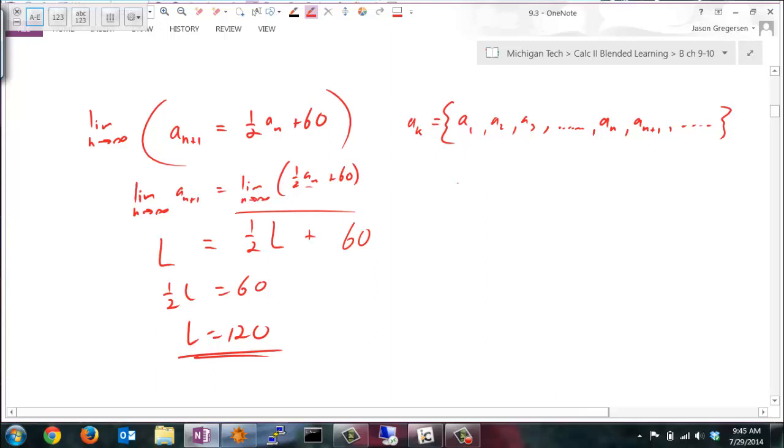Okay, let's look at something. Let's see. Let's try this one. a sub n plus 1 equals 2 a sub n. What's the limit as n goes to infinity of that sequence?